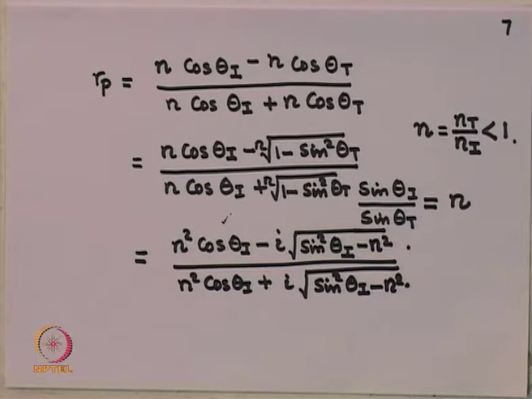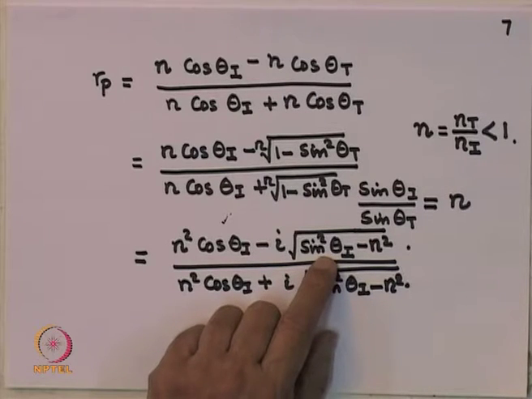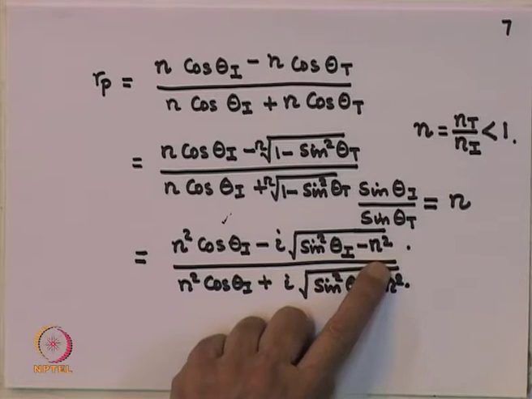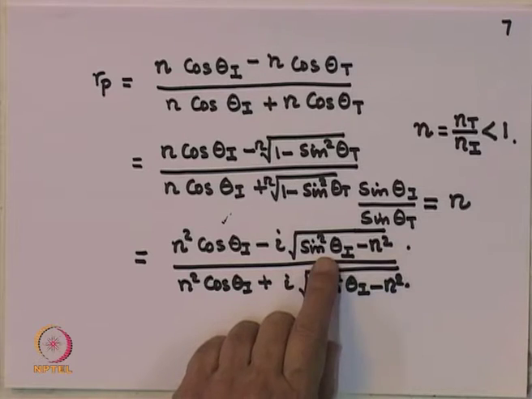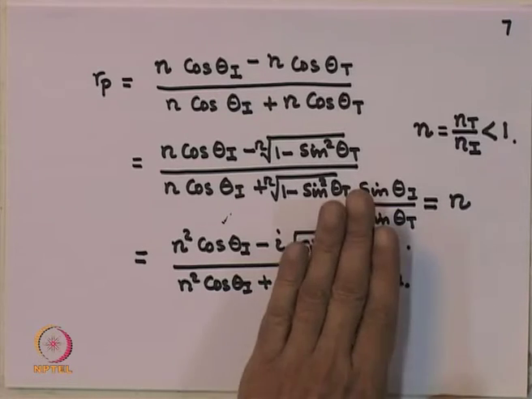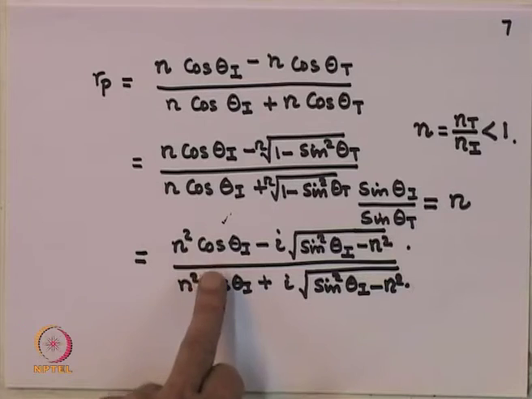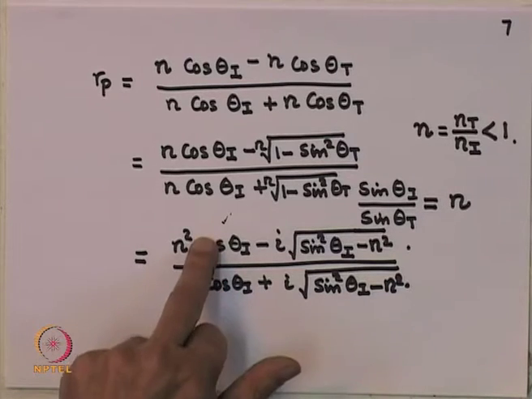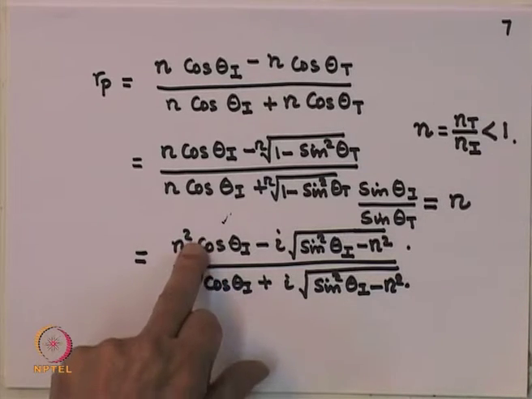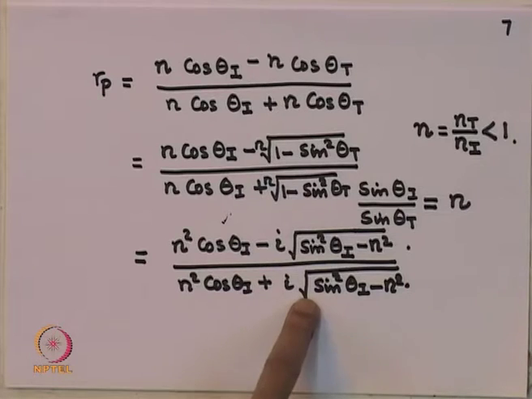And similarly for R s. Now, notice that if sin theta I exceeds n, then this is a quantity of magnitude 1, because this is a minus I b by a plus I b.